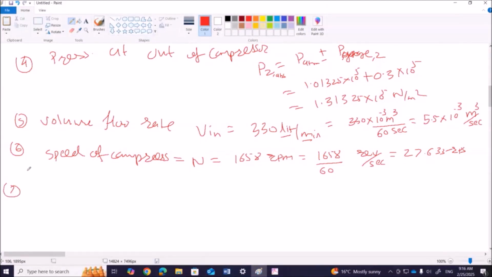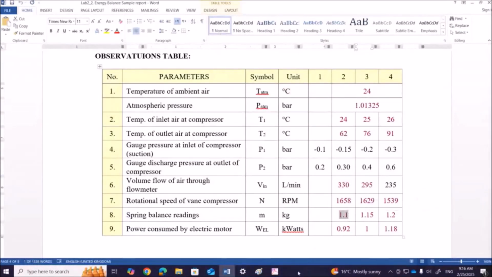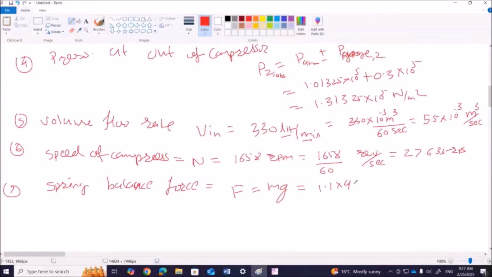Now next, spring balance, 7. So I will calculate the force. Spring balance force, because I measured mass. So force is equal to mass into gravity, 1.1 kilogram. 1.1 into 9.81 is equal to this kilogram meter per second square. So remember, kilogram meter per second square is nothing but a Newton.